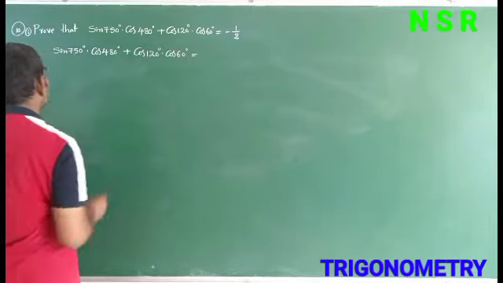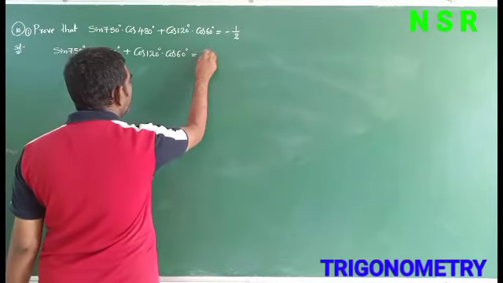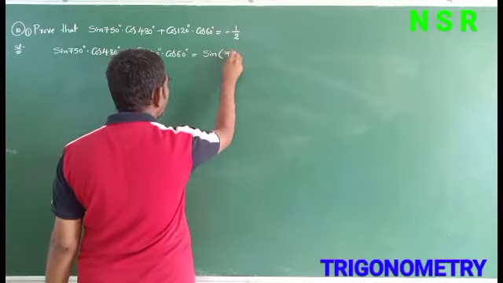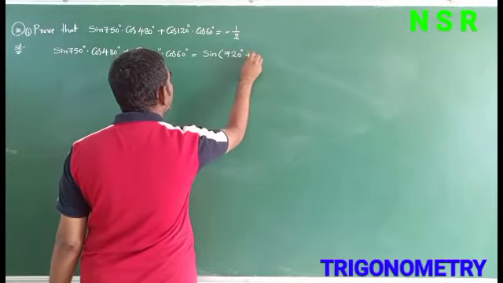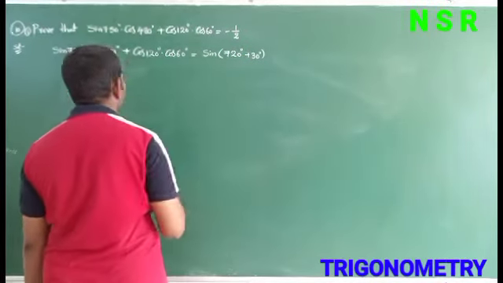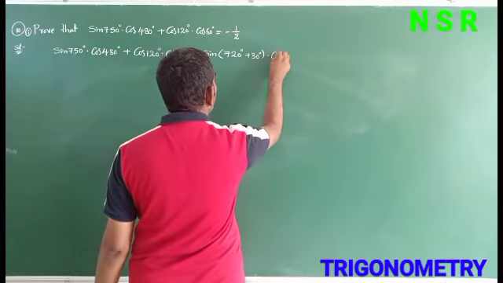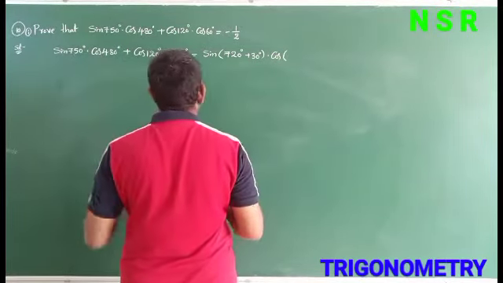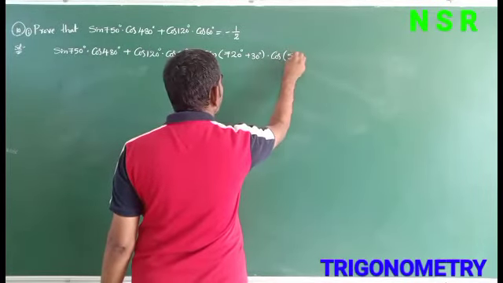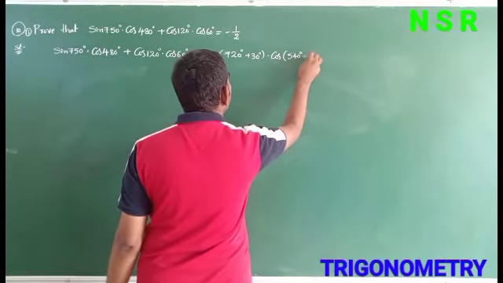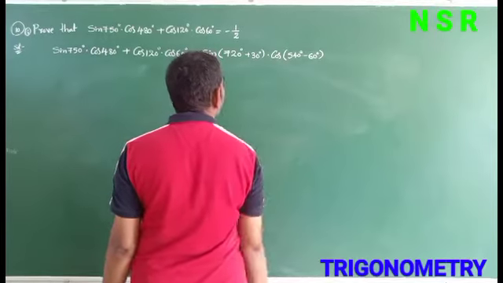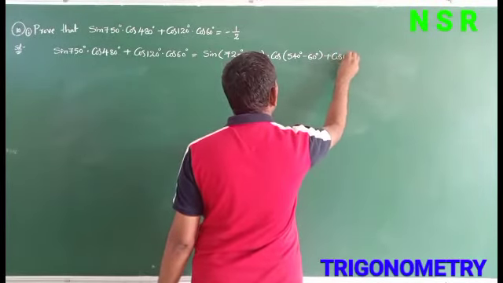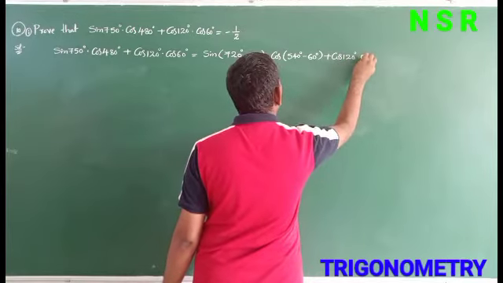So sin 750 is near 720, so we write it as sin(720 plus 30) into cos 480. 480 is near 540, so we write it as cos(540 minus 60), plus cos 120 into cos 60.